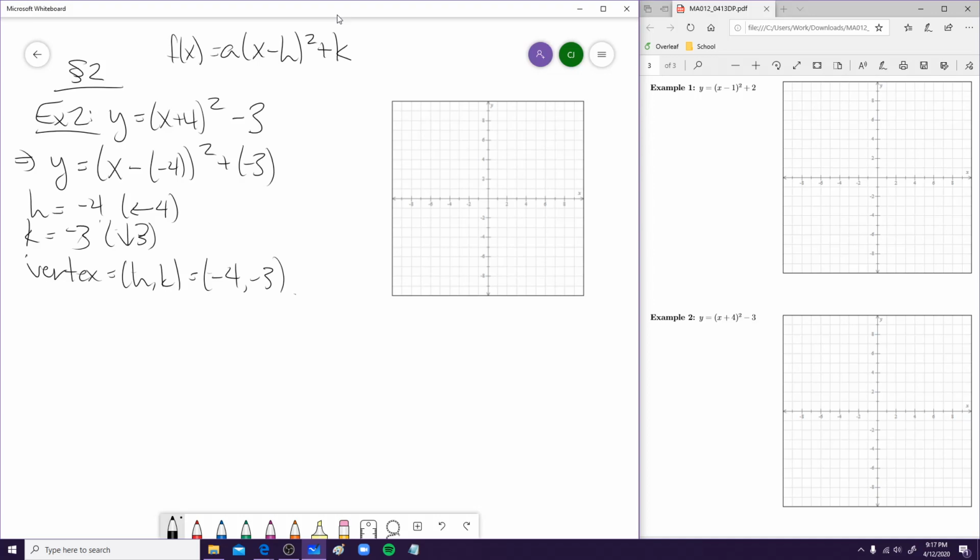So now what do we do? So if I'm going to graph this based on our parent function, I need to write what are my points for the parent function. So I will start with -2, -1, 0, 1, 2. Wait, hold on. Sorry, that is wrong.